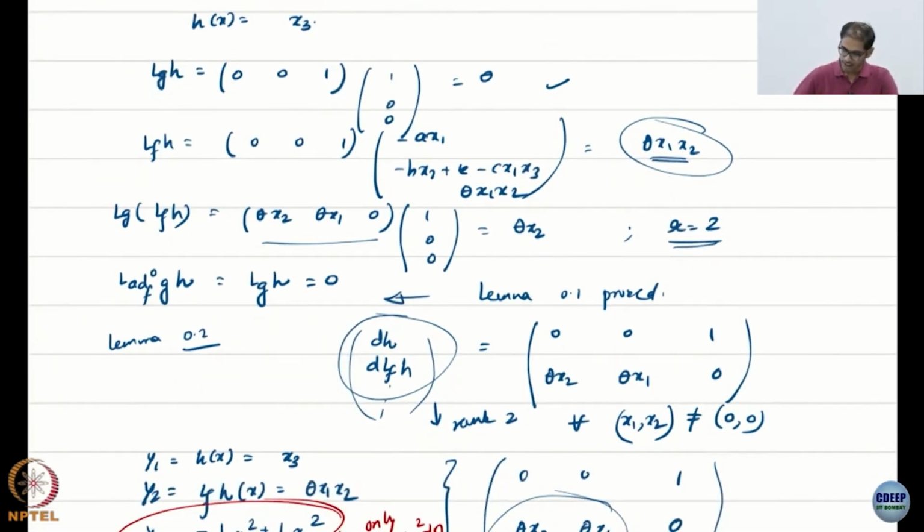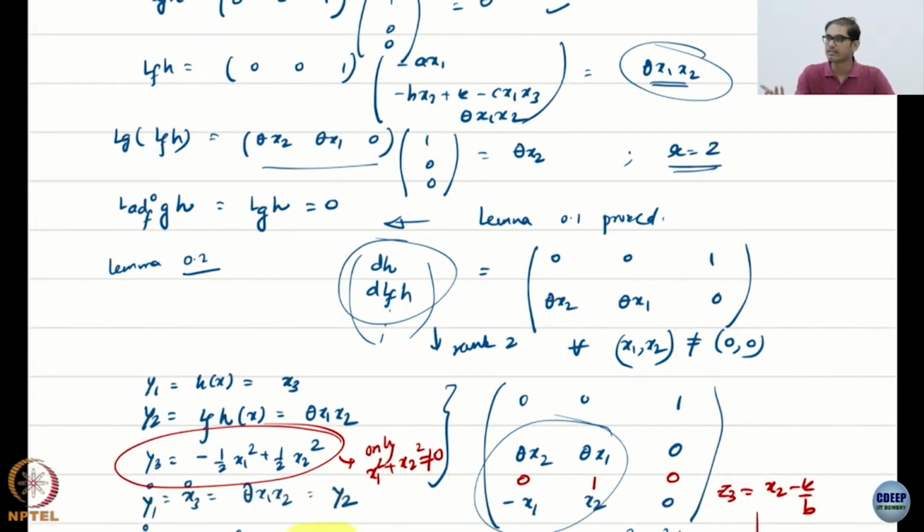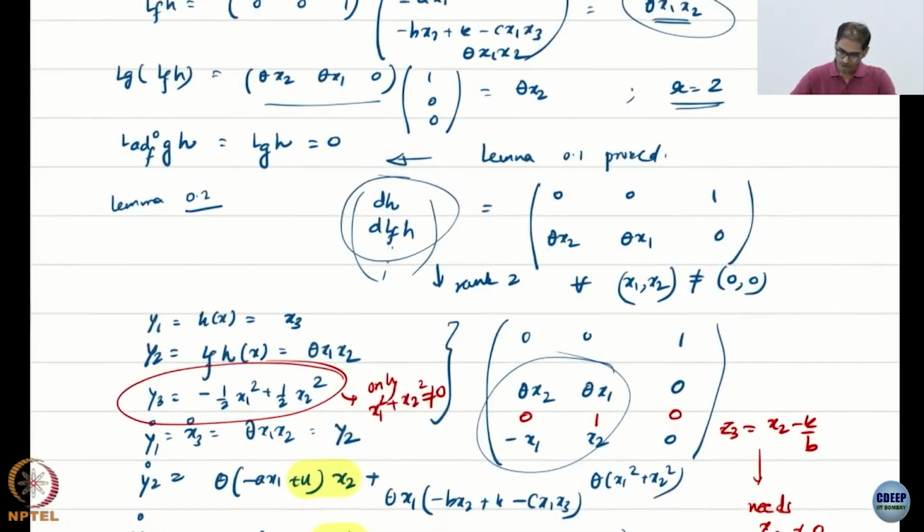So we actually computed the Jacobian. dH is 0 0 1 because H is x3, and then LFH is theta x1 x2, so dLFH is basically this, and for this to be maximal rank we just need x1 x2 to be non-zero.